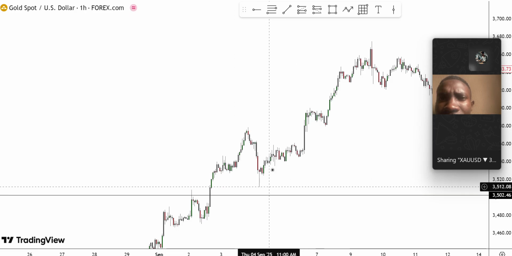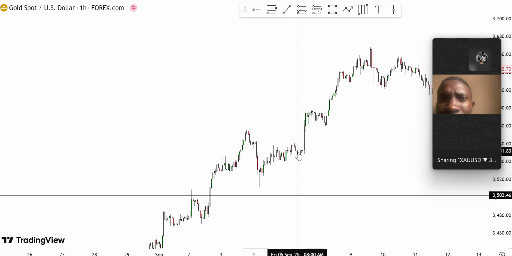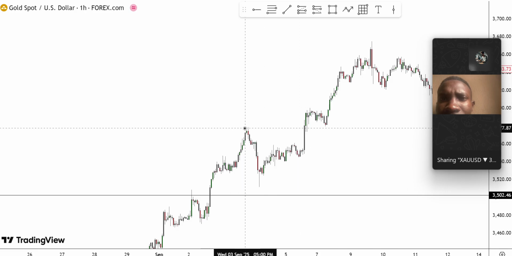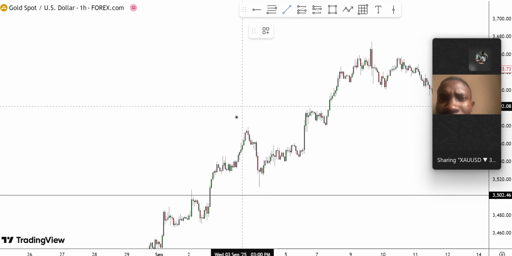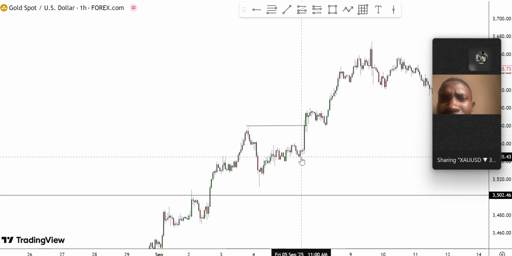This one became a new low. And then from there, we went high. This one broke structure, and now we have a new low, which is this one.